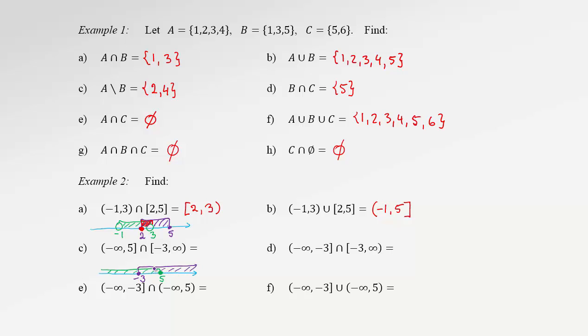Everything that's here. We are taking the intersection, the common part of the two. So that's from -3 until 5, the overlapping part, with both endpoints, because both of them were included in both intervals. So the answer is from -3 till 5.